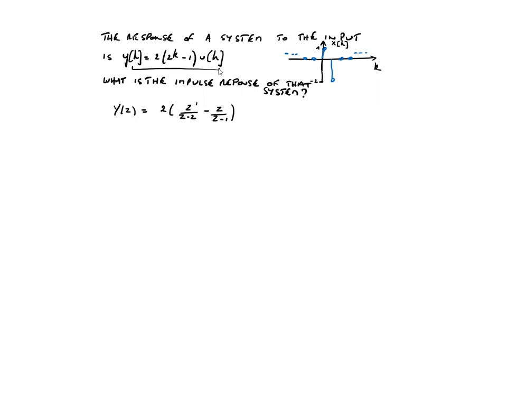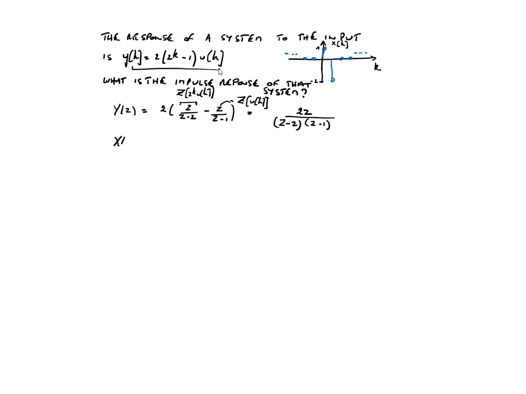This is the z transform of 2 to the k u of k, and this one is the z transform of a unit step. If you go through the calculations and you put everything under the same denominator, you will have at the denominator, of course, the product of the two here, and at the numerator 2z.